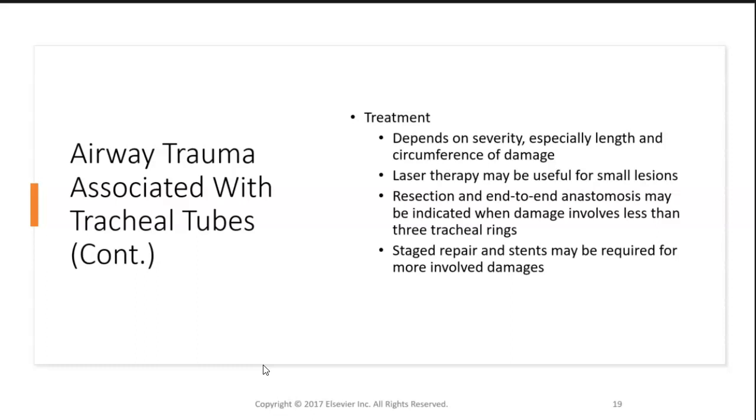They might use some laser therapy for small lesions, or they may need to do a resection, where they cut the damaged part out and then tie the new loose ends back together. And then they might do a staged repair where they put stents in to open up those airways, or that damaged part of the airway, again.